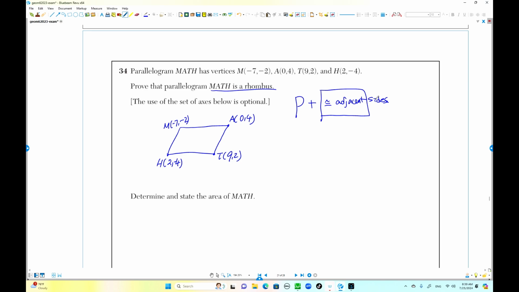Only one pair is enough. The other way is a parallelogram with perpendicular diagonals. This is also a rhombus.